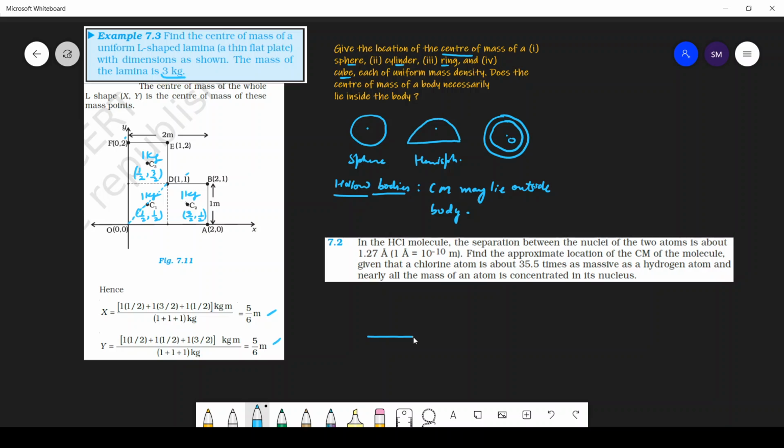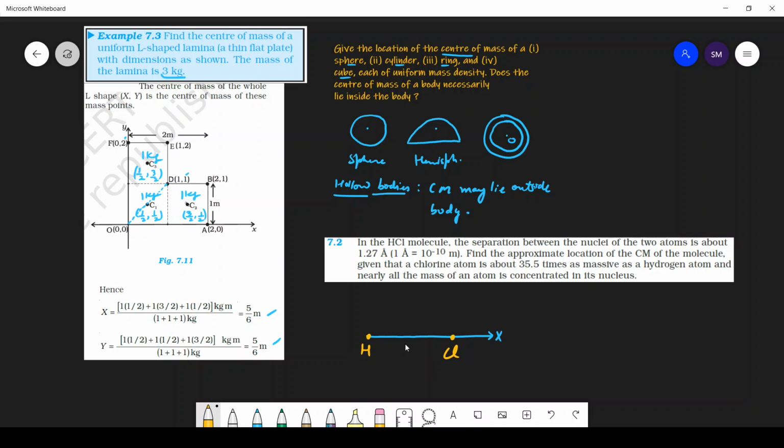The separation is given between them, so we can take only the x-axis. Take one at the origin. So you have HCl, right? You can take H over here and Cl over here.